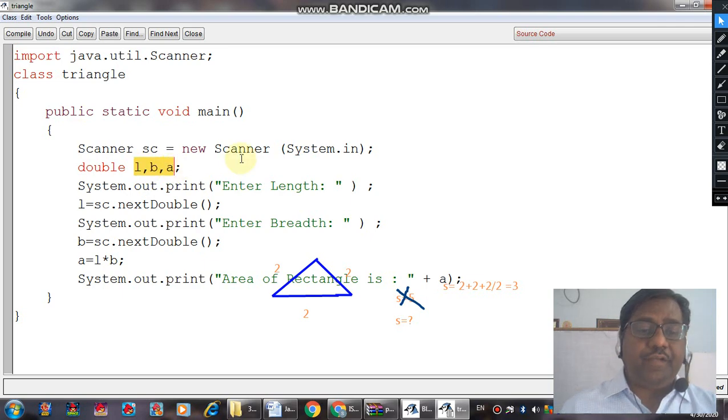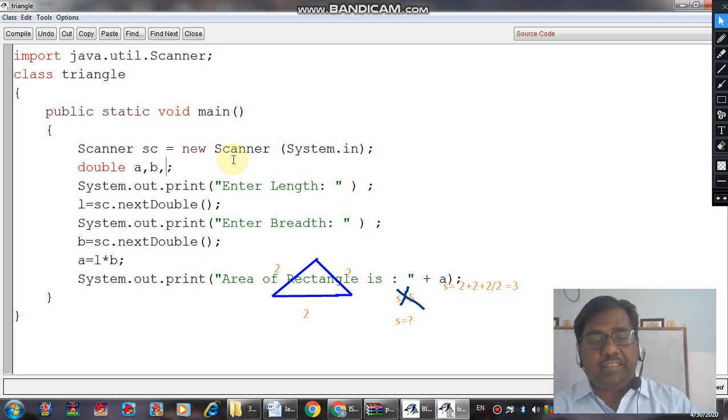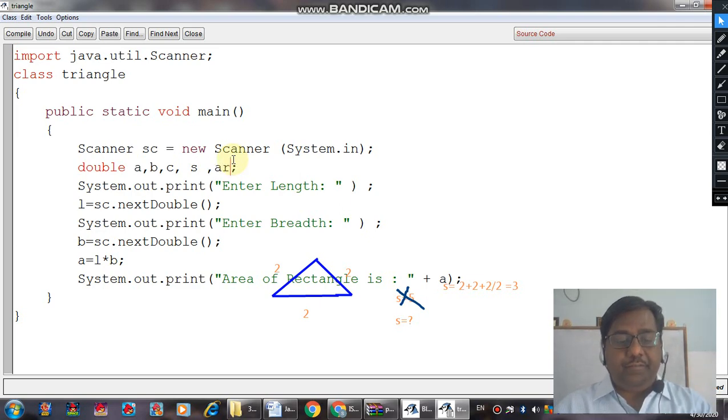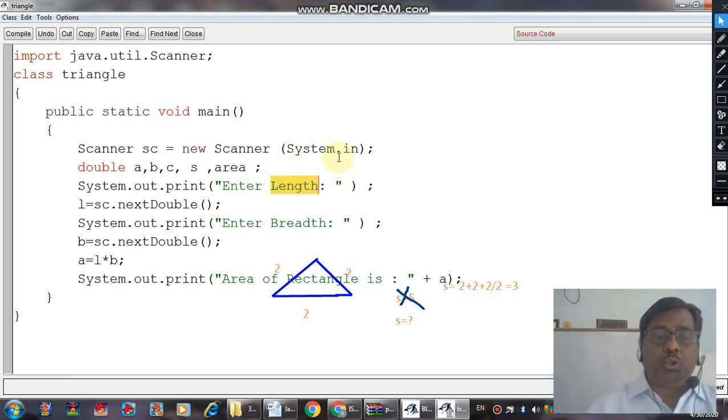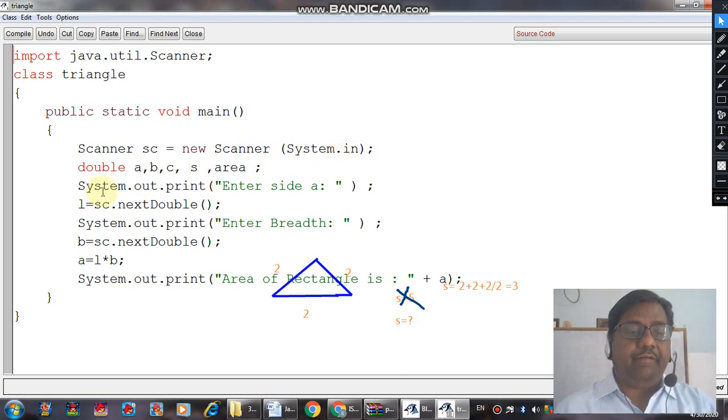How many variables are we supposed to declare? We are supposed to declare a, b and c for the sides. We have to calculate the semi-perimeter and we have to calculate the area, so I have taken the complete variable name, area. Then we are supposed to enter the values. You will enter side A, in the variable a.